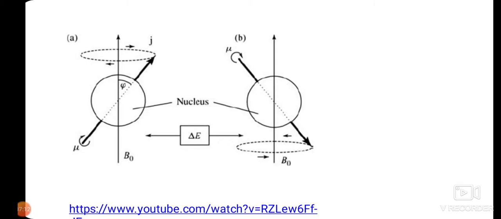This increase in the magnetic moment can alter the direction of the magnetic field strength. Due to absorption of energy, this nucleus will orient in another direction, partially opposite to the earlier direction. That means this changes the angle theta between the applied external magnetic field and the tiny magnetic field.